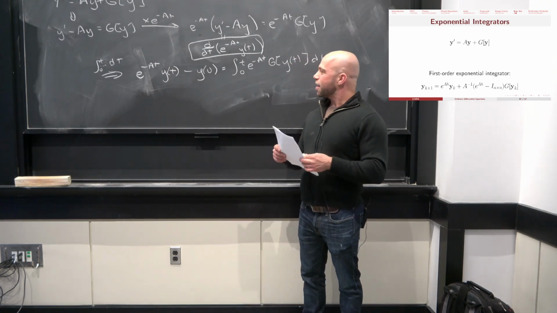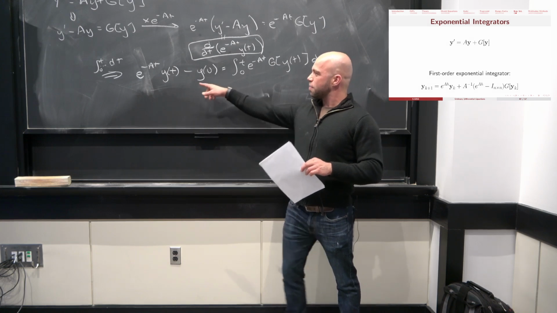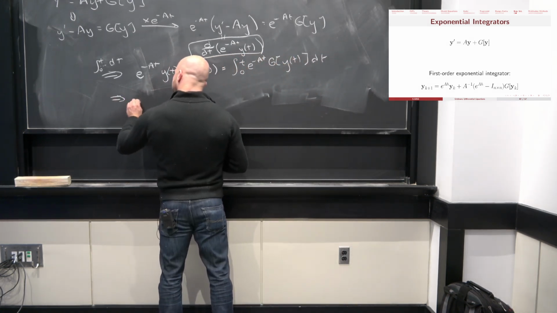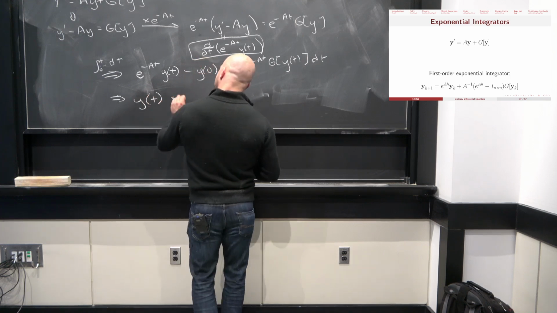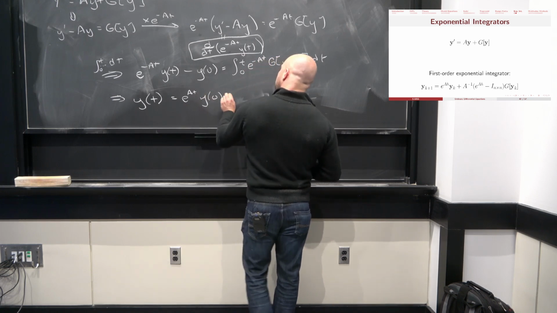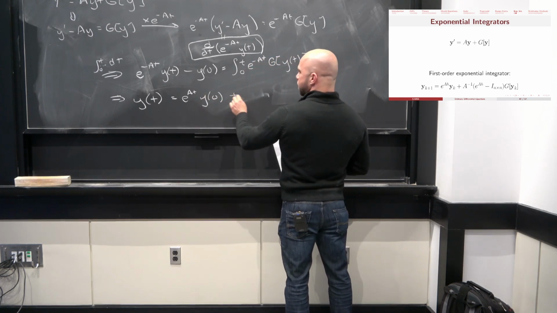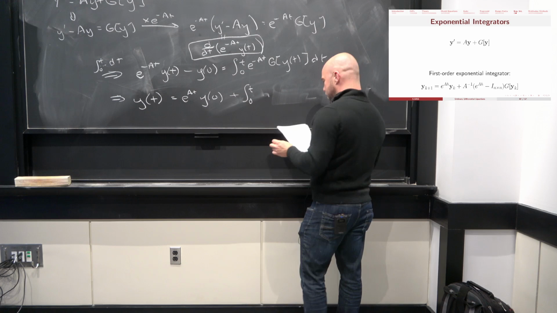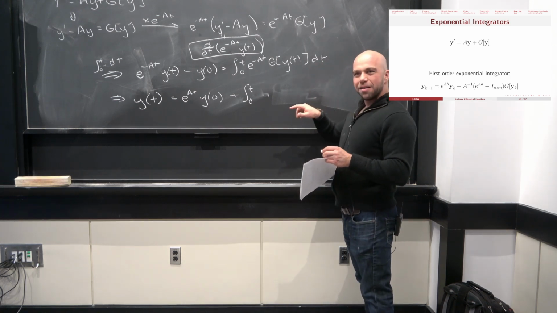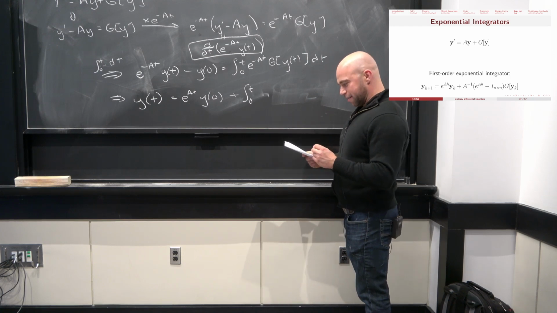Okay, so I'm now going to multiply both sides by e to the at. And what do I get? I get y of t is equal to e to the at y of 0 plus the integral from 0 to t. Okay, so now I'm going to change the integration variable here to tau, just because I can.